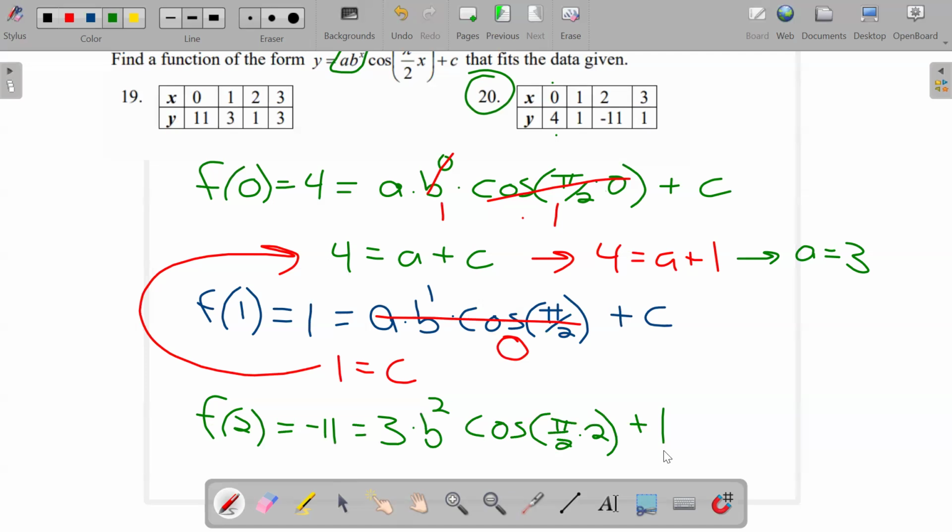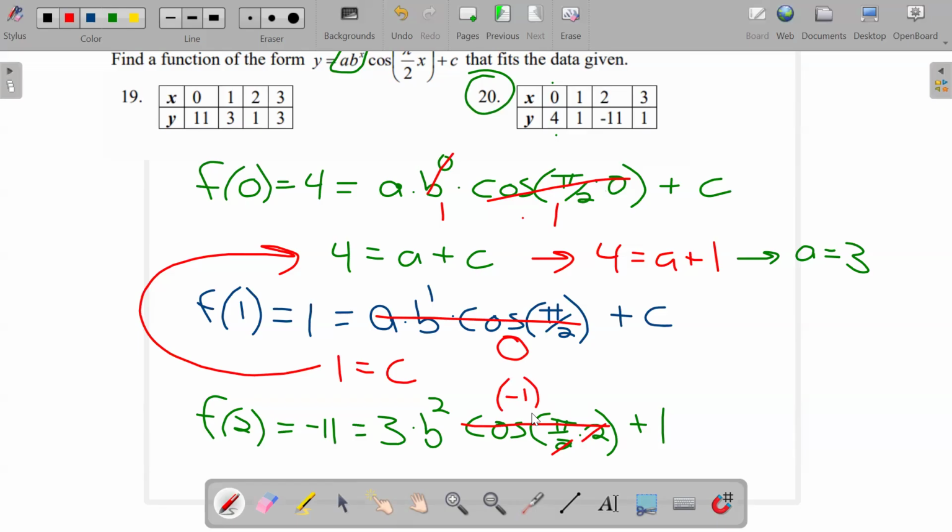Okay, cosine at pi is, sweep around pi, 180 degrees. The x value on the unit circle there is negative 1. This right here is negative 1.